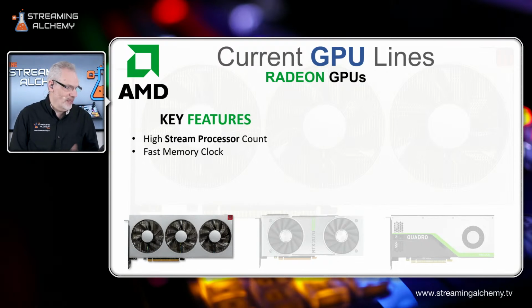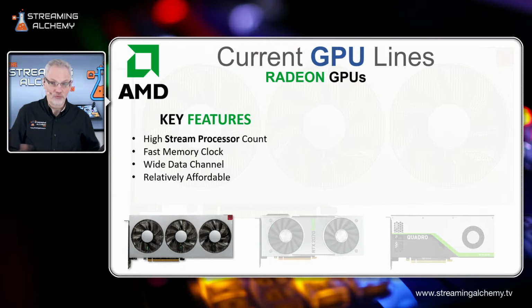So they have a stream processor count, which is those compute units I was talking about. So they're very good in that, and they have very fast memory clocks and high speed memory baked into this. That, as I said, I don't think is going to have the same impact with a lot of what you do. They have very wide data channels, significantly wider, in many cases far more than double their counterparts in the NVIDIA lineup.